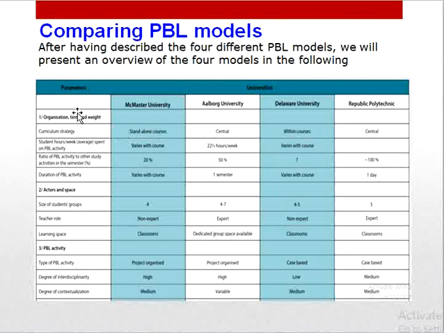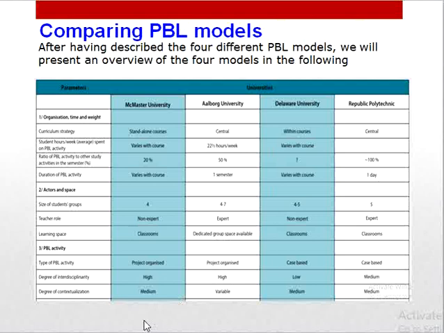So I will not read all these parameters. You can carefully observe them. The main parameter, I think, is teacher roles. So here non-expert, here expert, here non-expert, and here also expert.